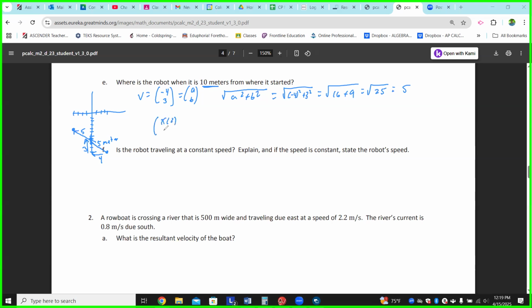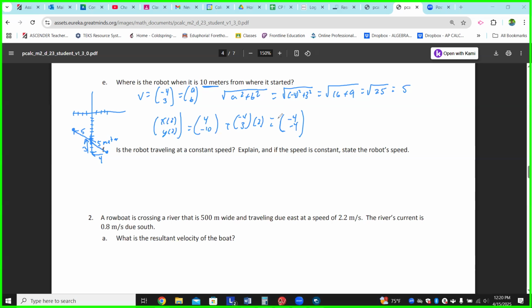So x of 2, y of 2 would equal my a, which was 4, -10, plus my vector, which was -4, 3, and then I do 2. -4 times 2 would give me -8, and then -8 plus 4 would give me -4. 2 times 3 is 6 plus -10 gives me -4. So if you have a great drawing, you would have seen it landed at -4, -4.